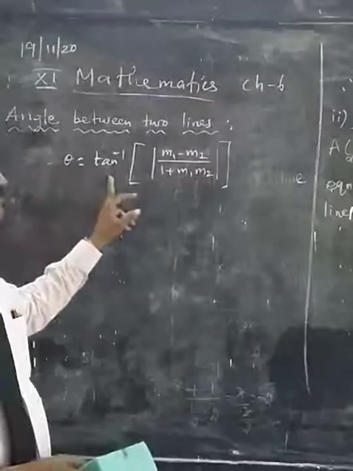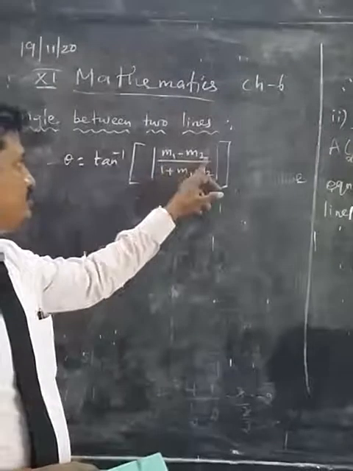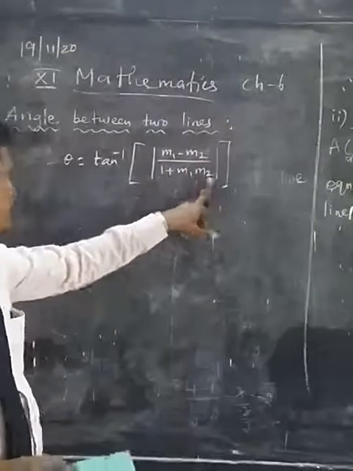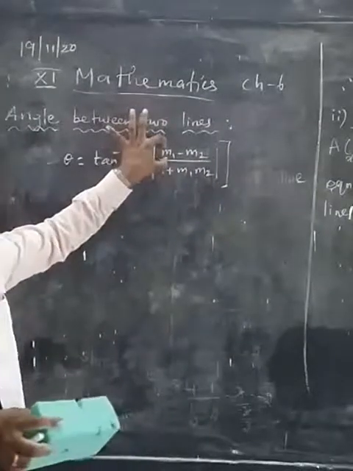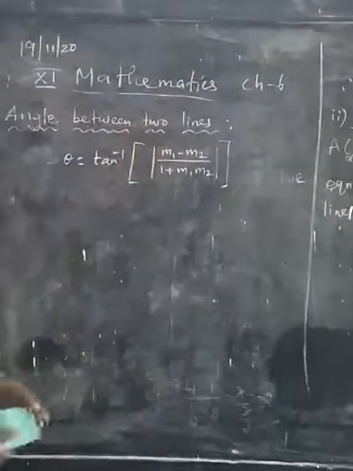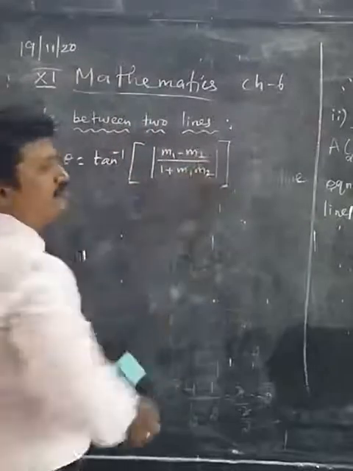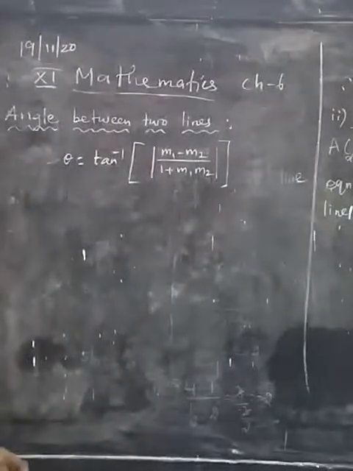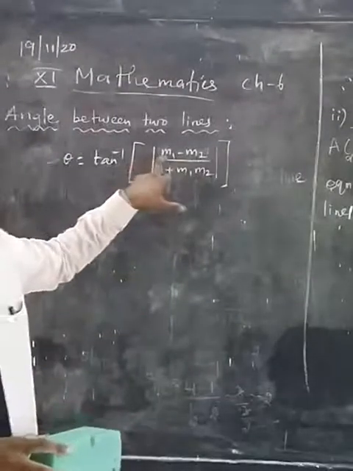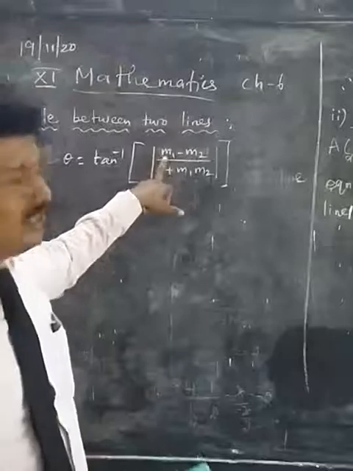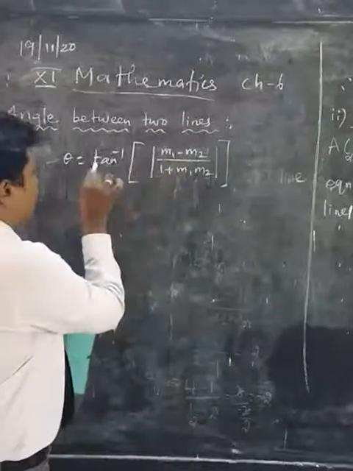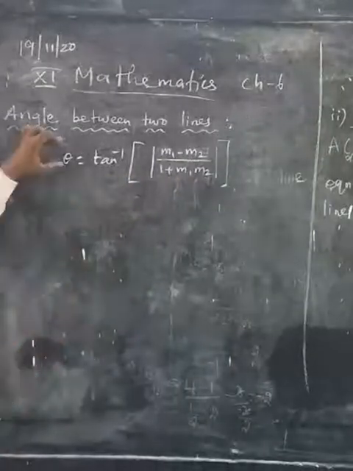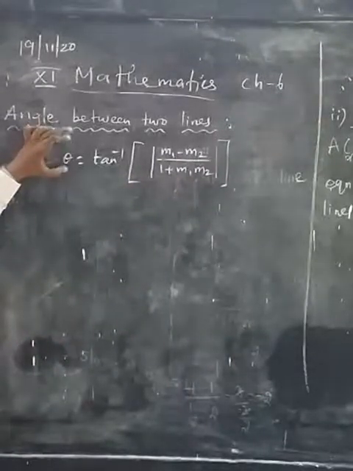In this formula, what is m1? m1 is nothing but the slope of the first straight line. What is m2? m2 is nothing but the slope of the second straight line. Tan inverse you know very well. So theta is nothing but the angle between the two lines, right?